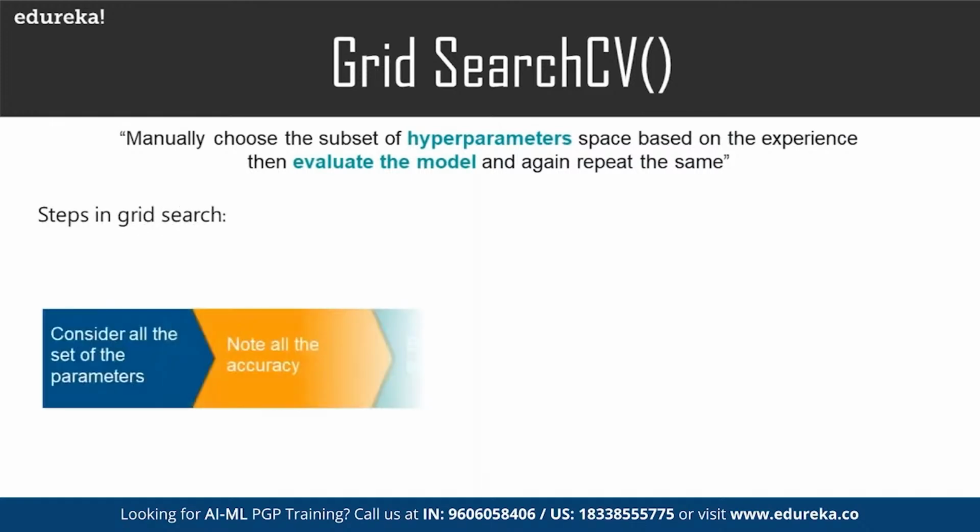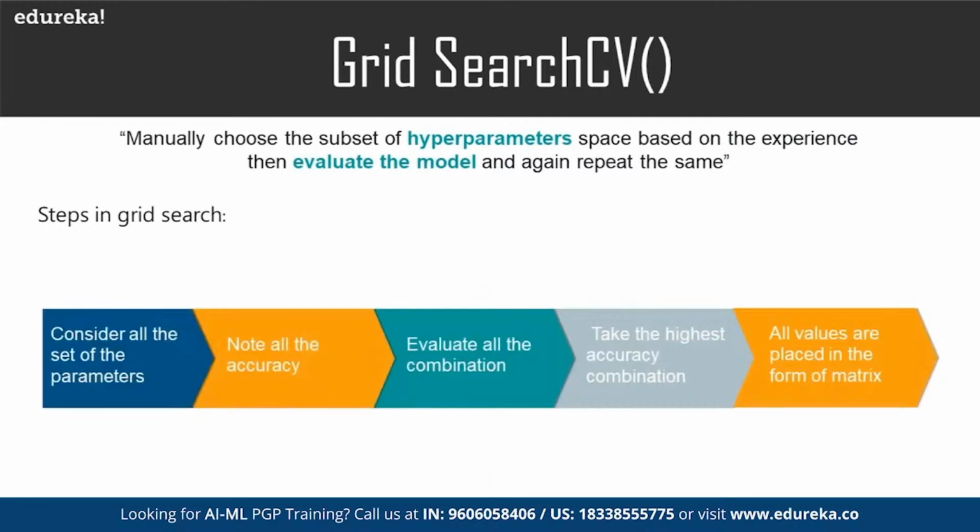We consider the set of parameters that are needed, and we note all the accuracies yielded with the different sets of parameters, evaluate them by combining all of them, and then take the highest accuracies from the combination.